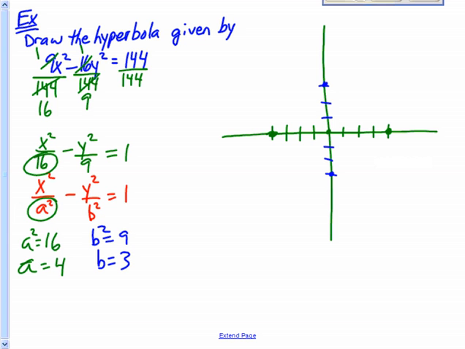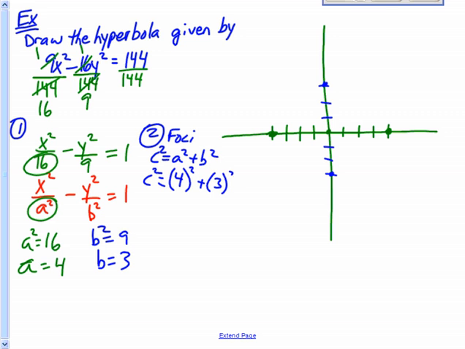Okay, so let's find that. So number 1 is we put this thing in standard form. Number 2, let's find our foci. Our A was 4, our B was 3, C squared is 16 plus 9 over 25, so C is the square root, 5.